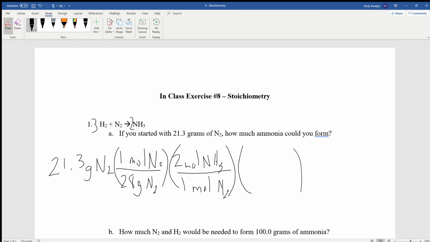And then we use the molar mass to convert back to grams. So 17 grams of ammonia is equivalent to 1 mole. And then we just do our math. And we find that it's 25.8 grams of ammonia.